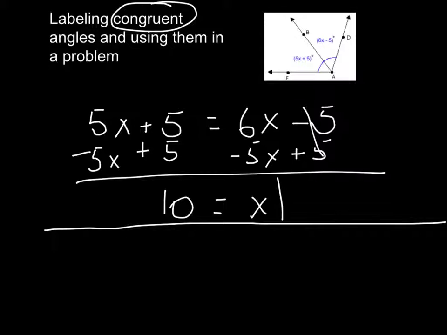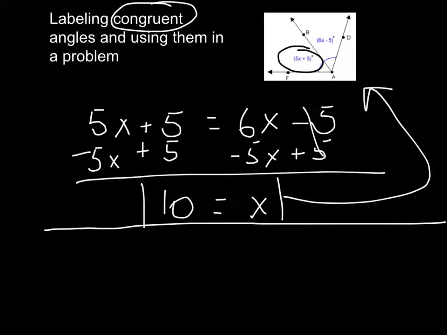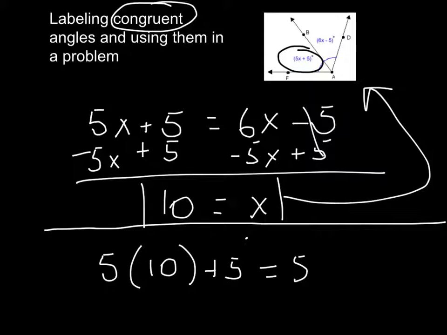Now if I wanted to find out how big the angles were, like I did in the last problem, I would take my 10 and I'd go plug it back in up here. So I'll do it for this one right here. I'm just going to do 5 times 10 plus 5, and that will equal 55.